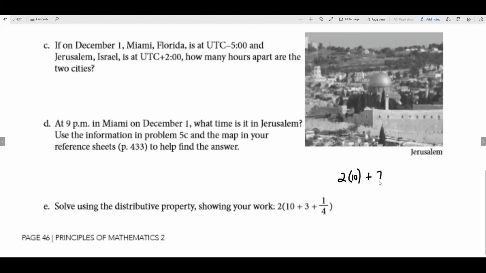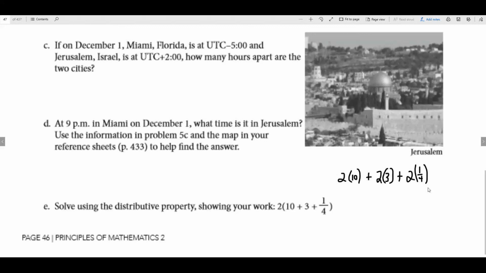See how I'm distributing it out? That word is hard to say sometimes, distributing, okay? Then we're going to have our plus, distributing this out, and then we're going to have 2 times 1/4. Now there's our equation distributed out.